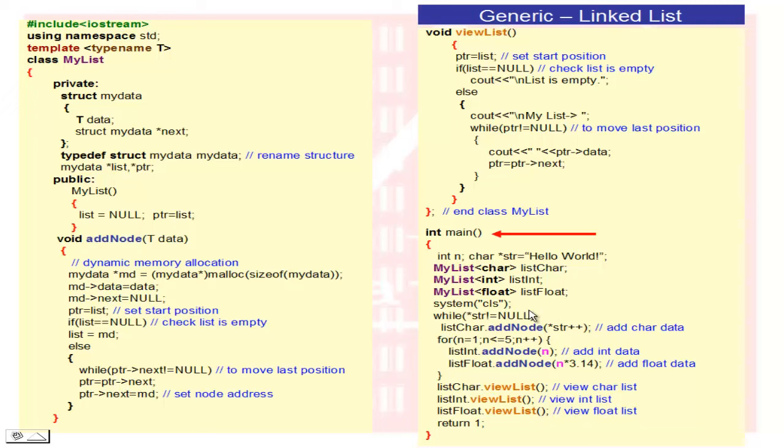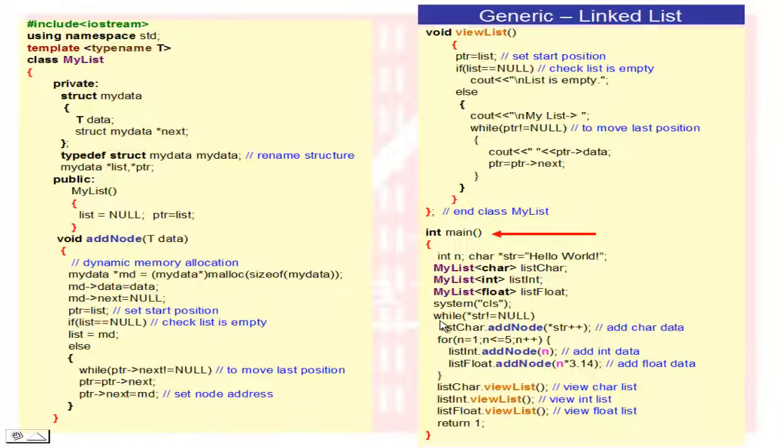Okay, now next system CLS. So first we add all values of type character to the list. Here this is the string pointer str and the default value is hello world.